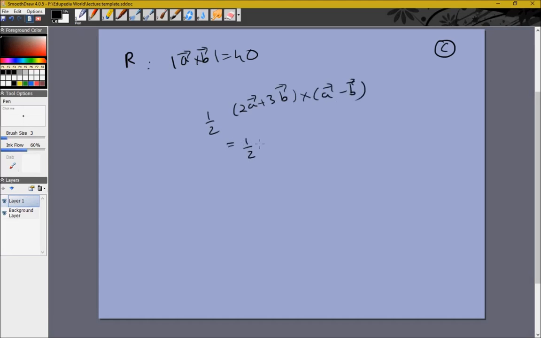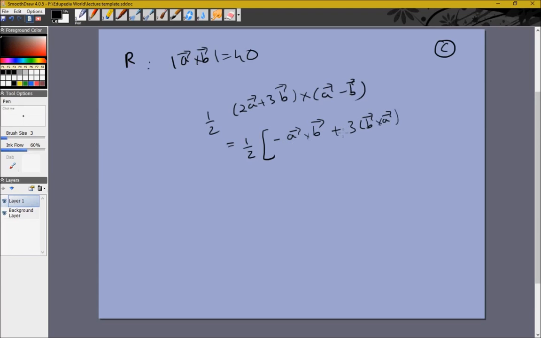So this is half of minus A cross B plus 3 times B cross A. Or this is, minus of A cross B is B cross A.